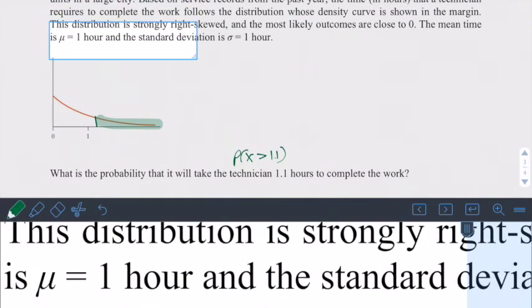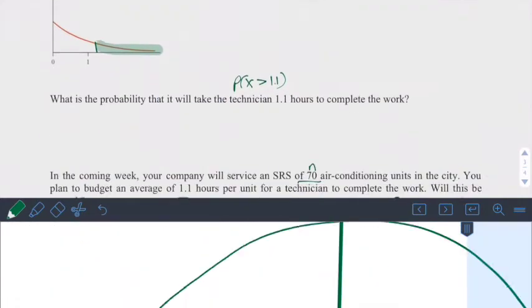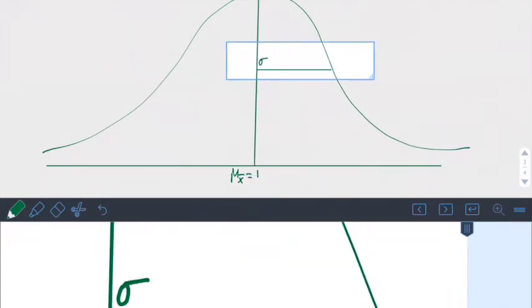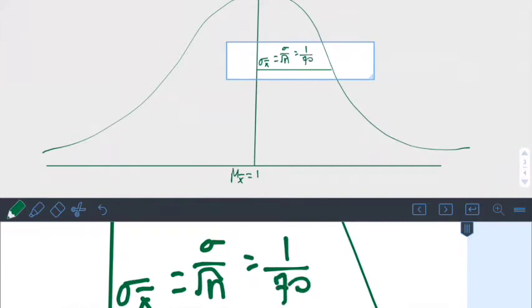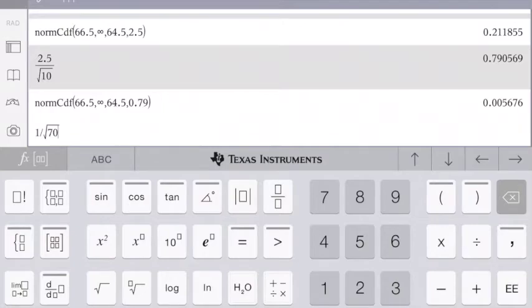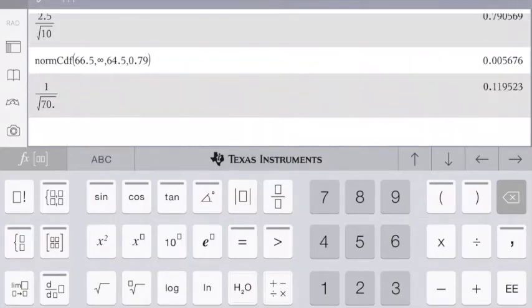The average is 1 hour. So my mu of x bar is 1 hour. And my sigma of x bar is sigma over square root of n. So 1 over square root of 70. So 0.12.